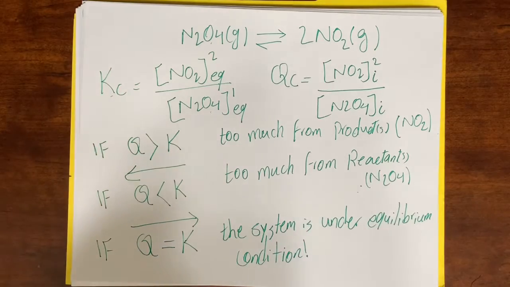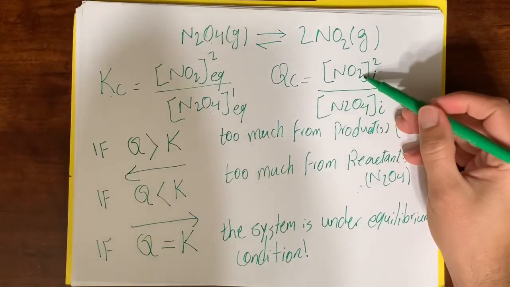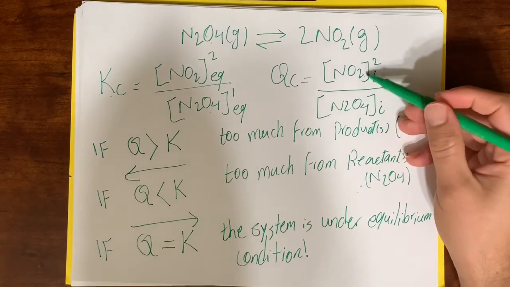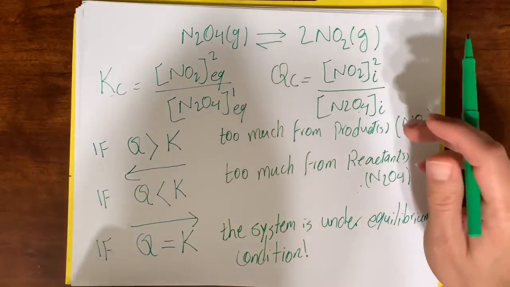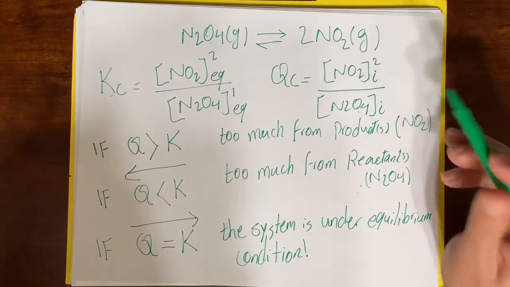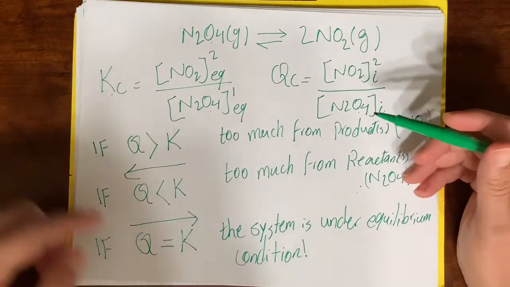We have just enough of whatever we added, of the reactant and the product, to reach the equilibrium condition. Whatever we added, by chance, is exactly equal to the equilibrium concentrations.